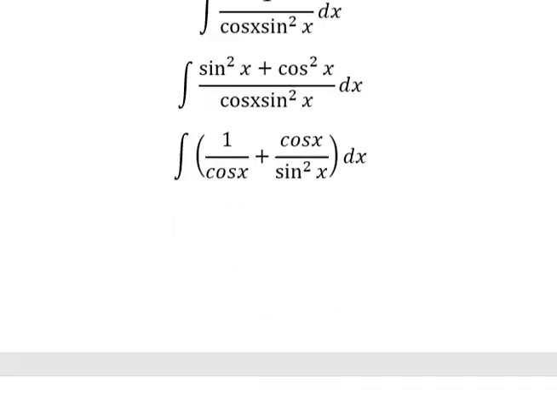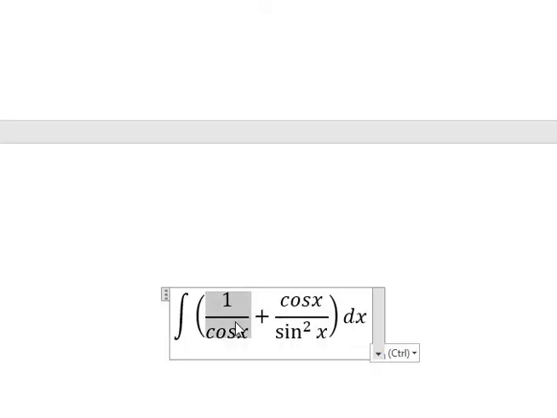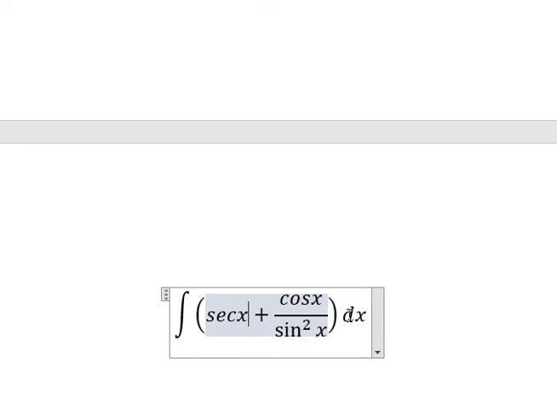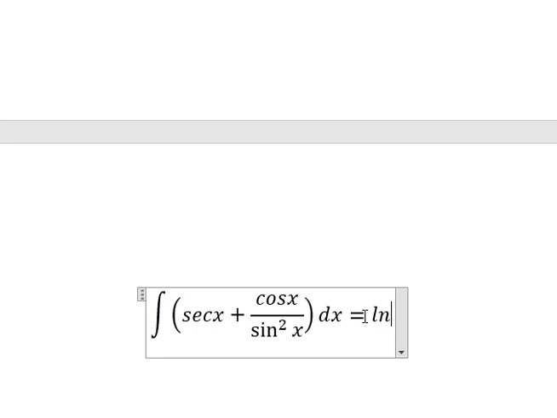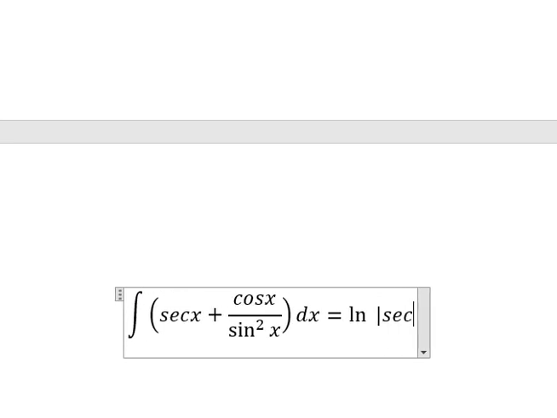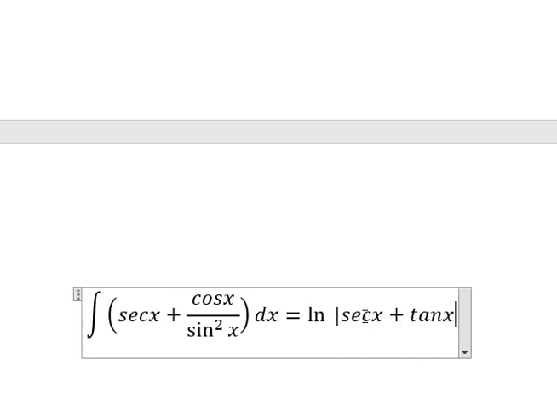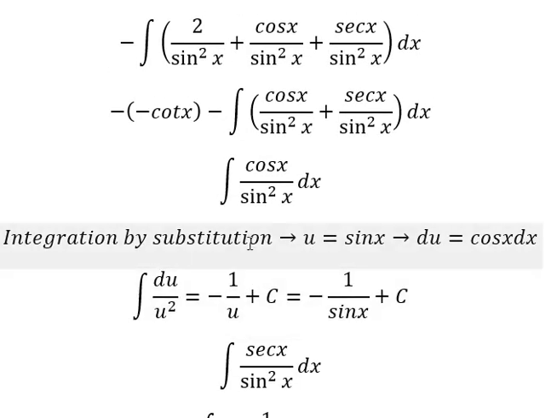And we know that 1 over cosine x, that's about secant of x. The integration of secant of x, we have ln of the absolute value of secant of x plus tan x. About this one, we just calculate in here.